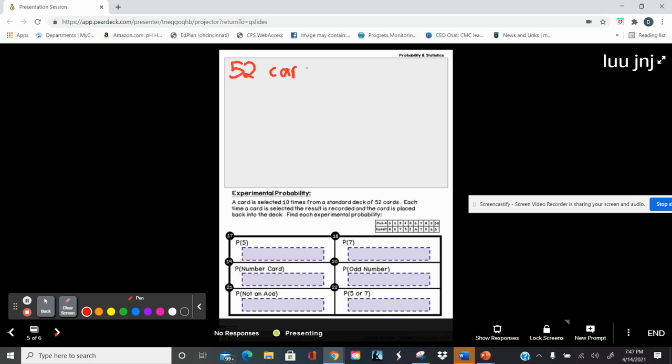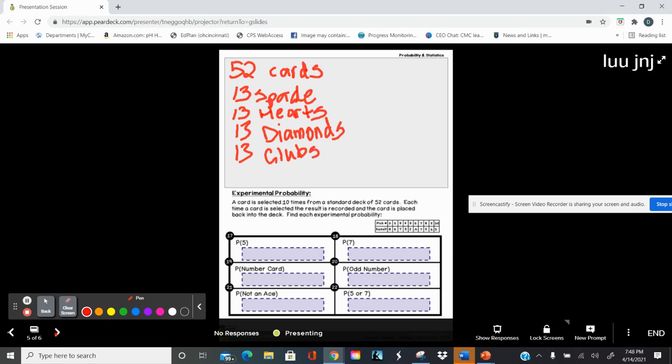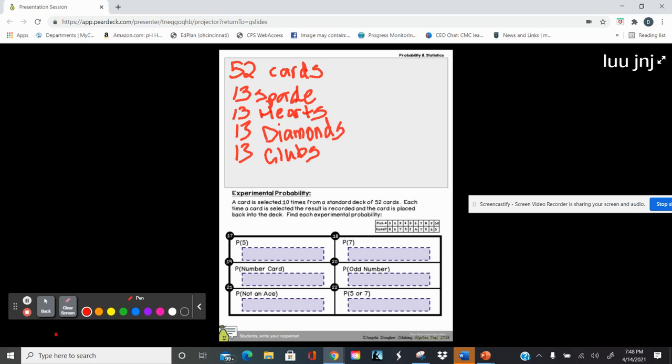Out of those 52 cards, you have 13 sets of each: spades, hearts, diamonds, and then you have clubs. So each of those get 13.